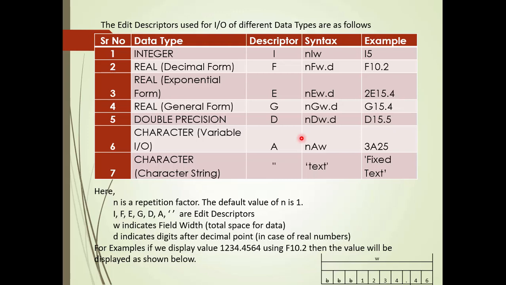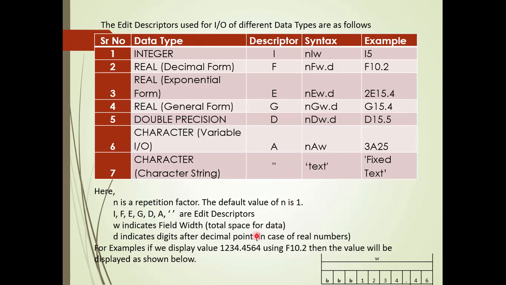Here n is 3 for the character and 25 is the spacing allotted. Similarly, for a character string you can use single quotes and write anything in it, which is considered a character string.